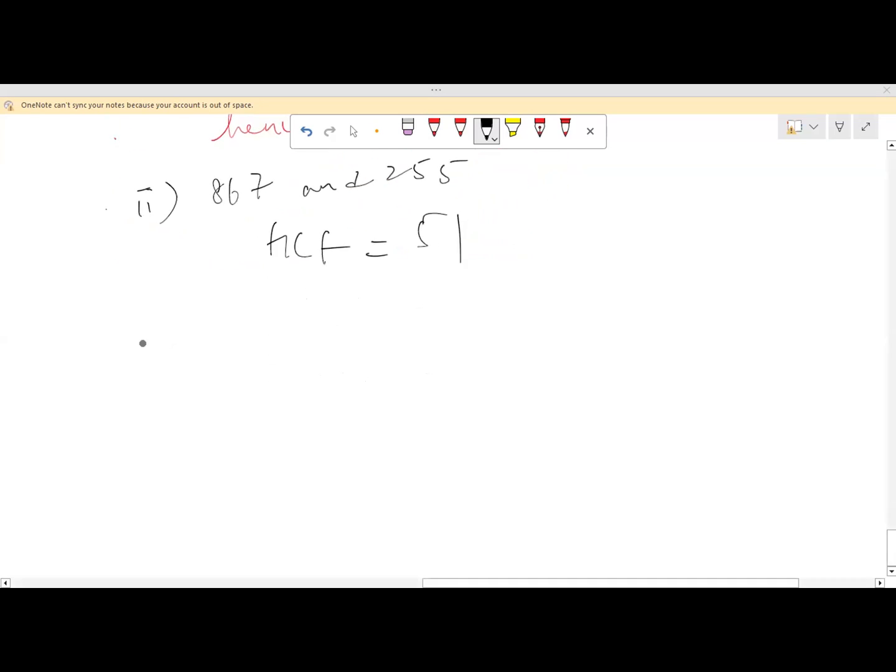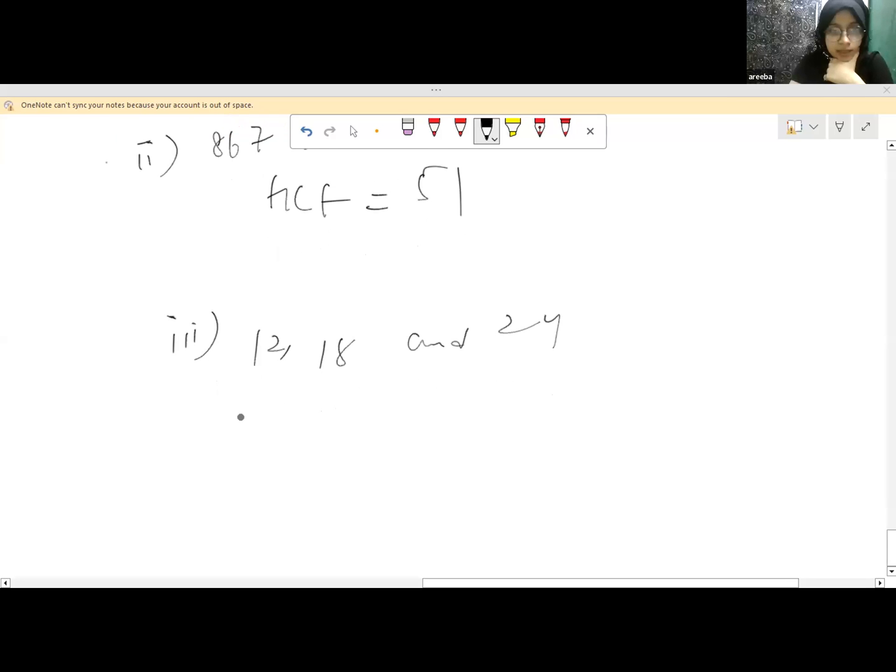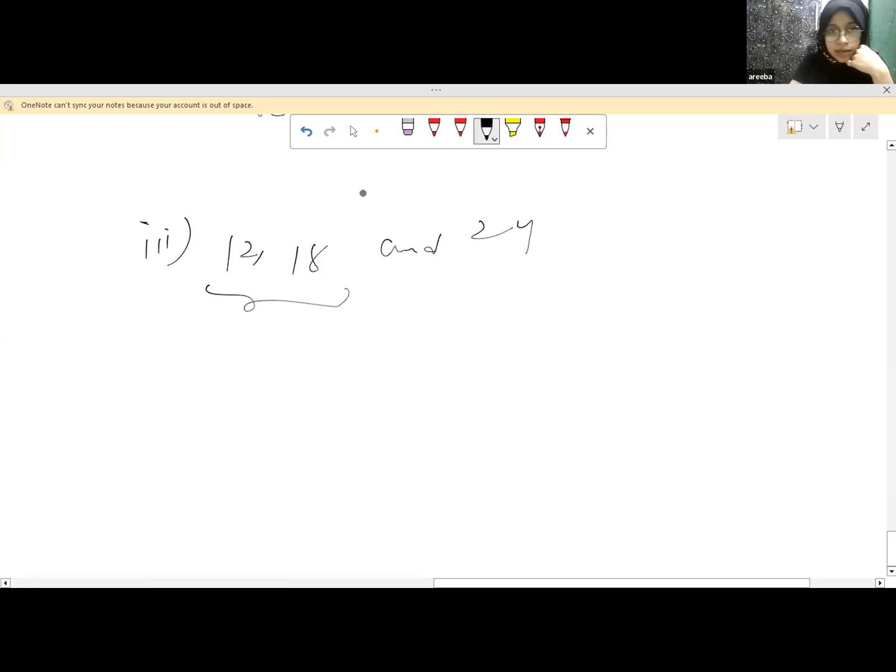Yes. 12, 18, and let's say it's 24. Okay. So girls, be fast and tell me the HCF of, using Euclid's division lemma, these two. A is equal to BQ plus R. Fast.